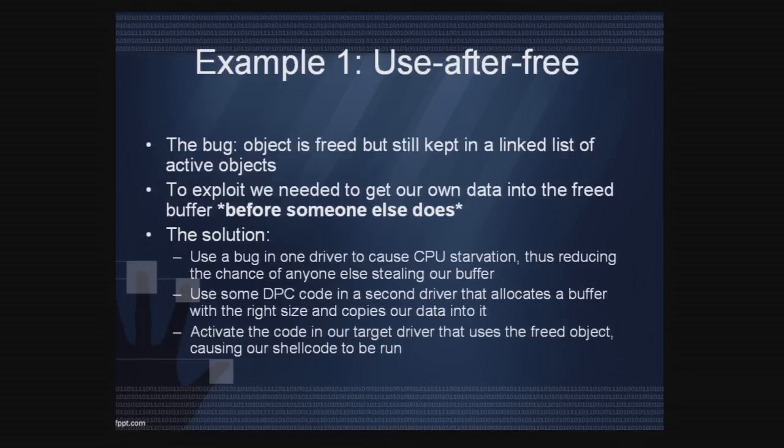And finally, we activated the vulnerability, or the branch of the code in the actual driver that we were attacking, to actually make use of that new buffer and execute our code. So that's just to give an idea of the diversity. You're working on one thing, but you're actually using other completely unrelated parts to get what you want.